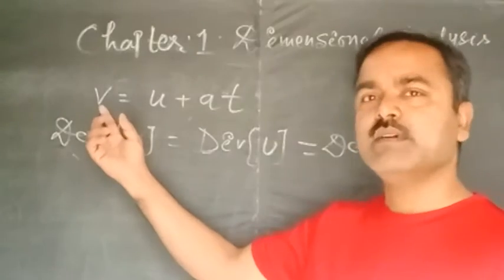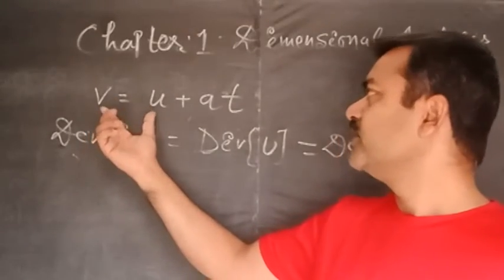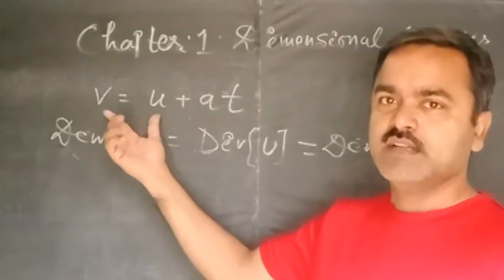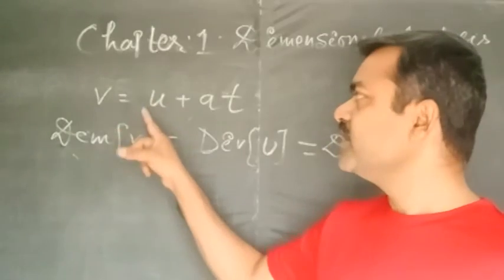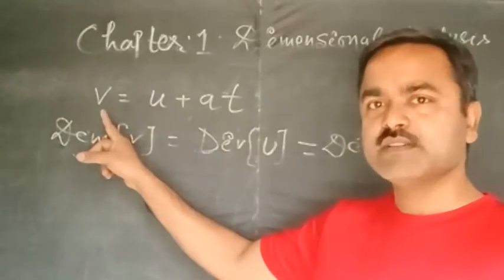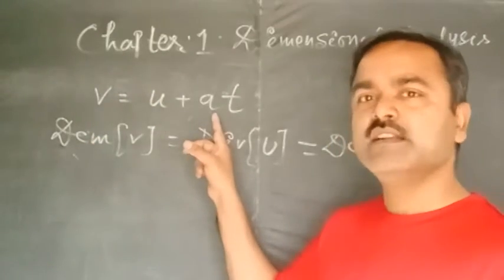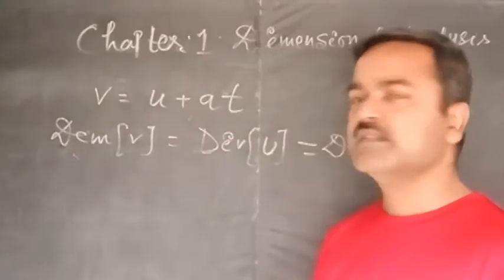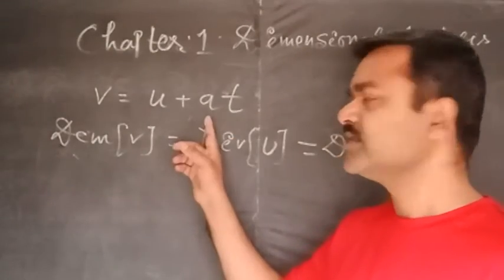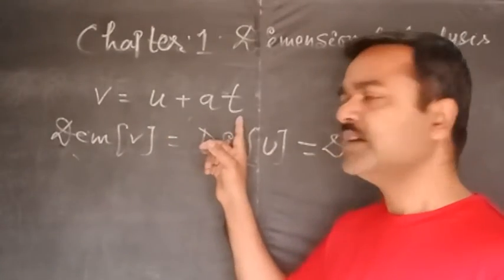Similarly, the dimensional formula of v is equal to the dimensional formula of u. Here, this is the initial velocity, this is the final velocity, this is the linear acceleration, and this is the time period.